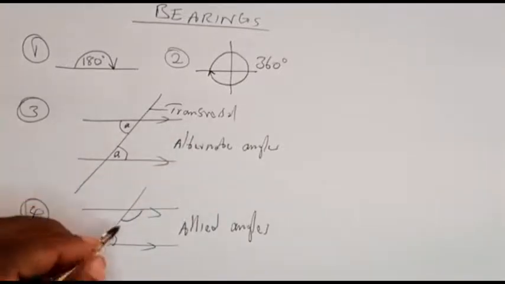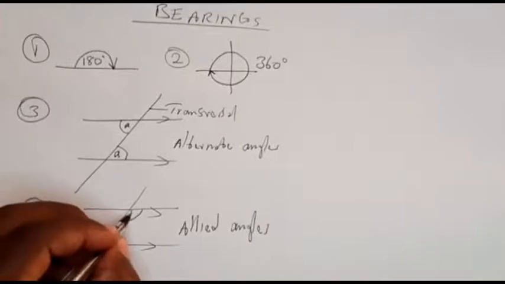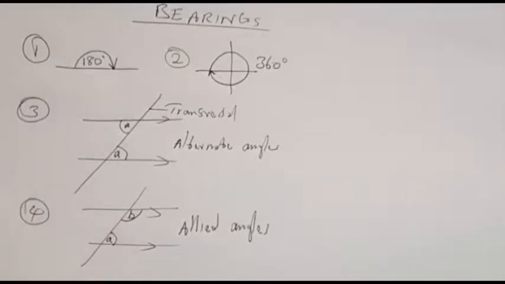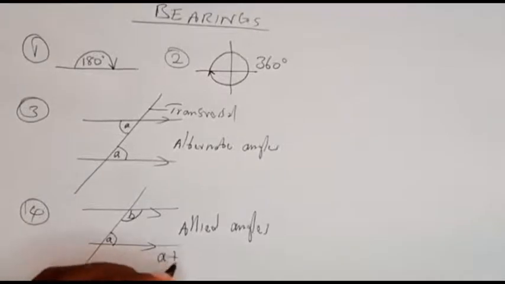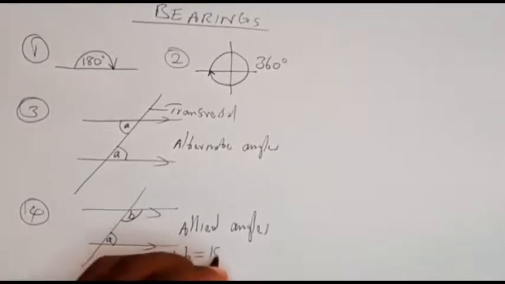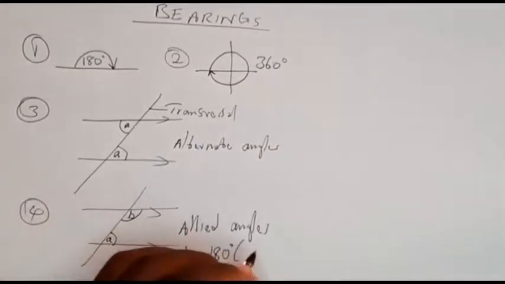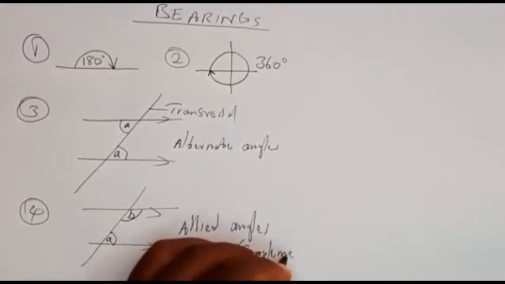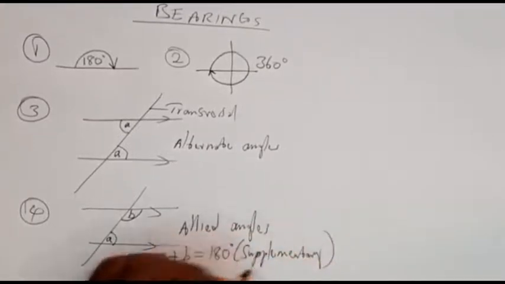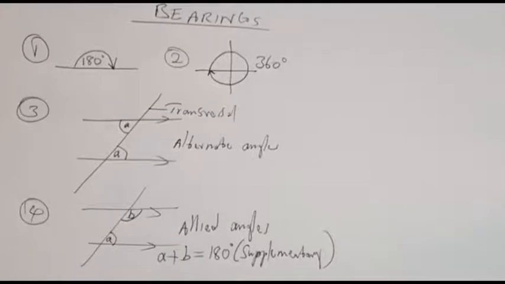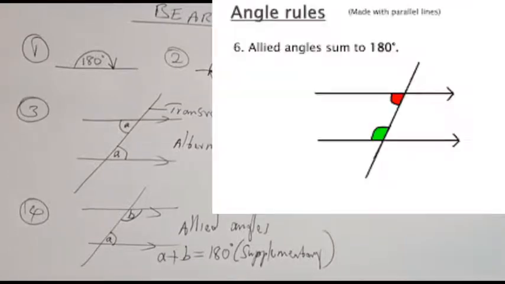If this is angle A and this is angle B, these angles are supplementary, meaning they add up to 180 degrees. So A plus B gives us 180 degrees.